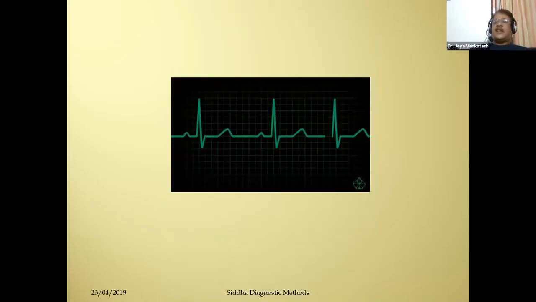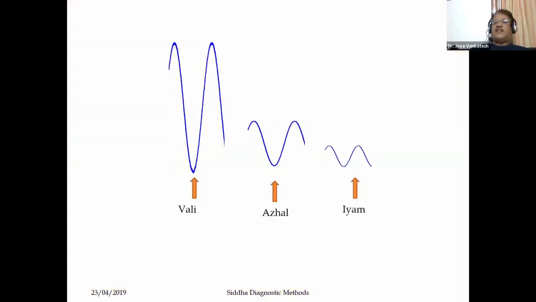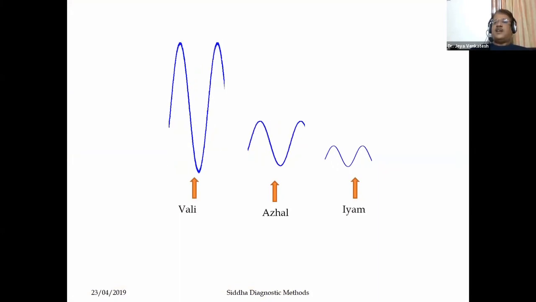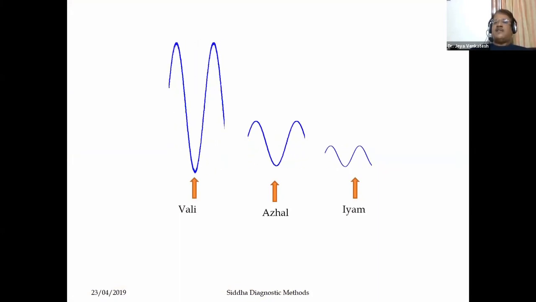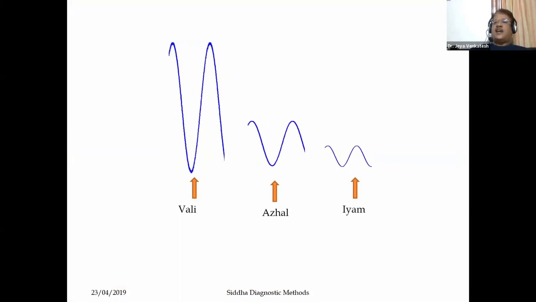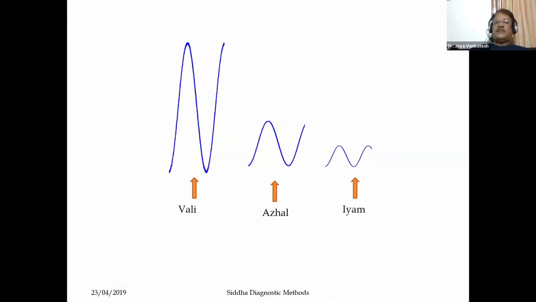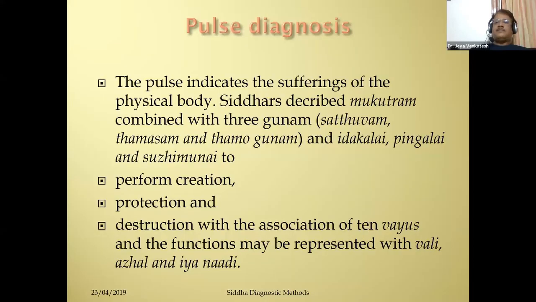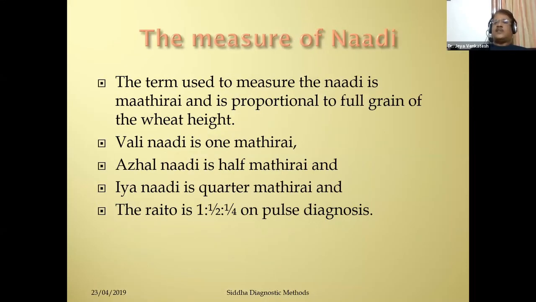We can assess this by a wave in the radial artery, that is vada, pitta, and kaba. In Siddha, we call them vali, alal, and ayam. That is, vali is one matrai, alal is half matrai, and kabam is quarter matrai.